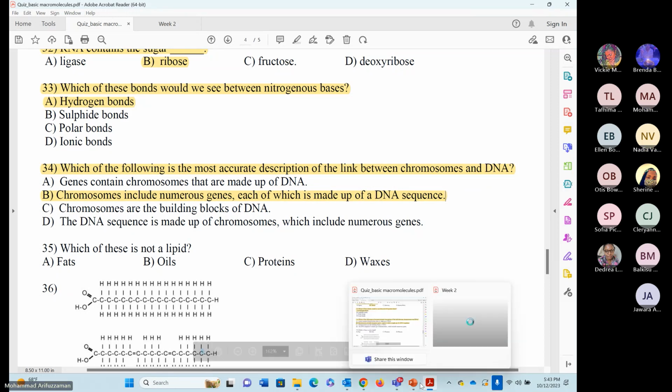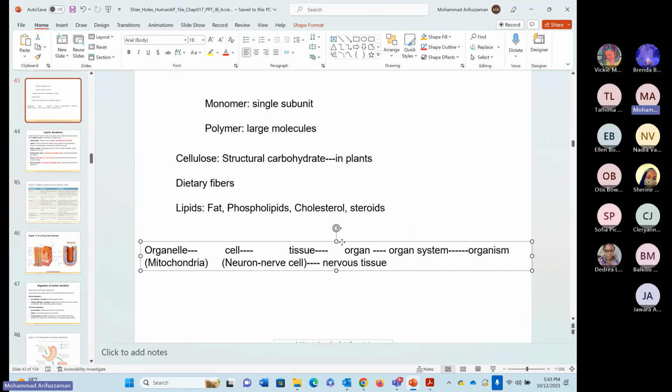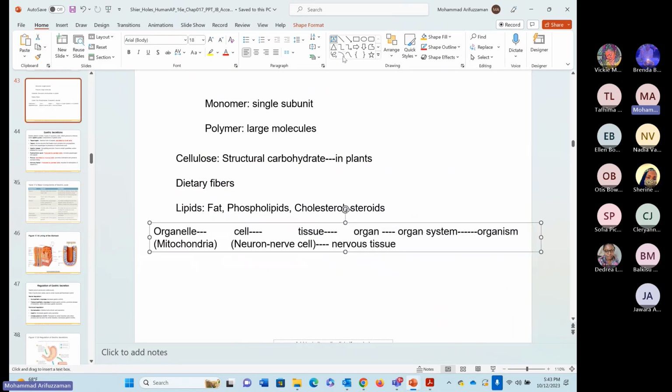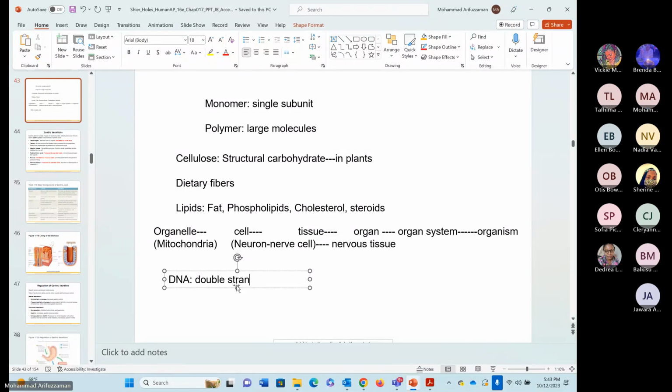Now, if you can recall yesterday, I discussed the relationship between DNA. So what is DNA? DNA is deoxyribonucleic acid, a double-stranded helical structure composed of purine, pyrimidine bases and phosphates. And what is a gene?